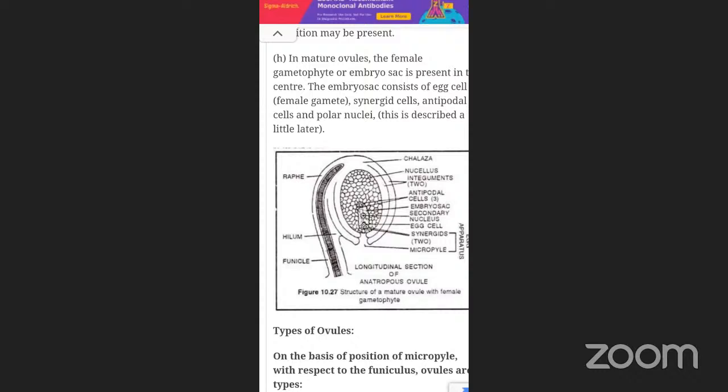After that, Brown and Mirabule also described the structure of the ovule. The ovule generally consists of the nucellus enveloped by one or two integuments.